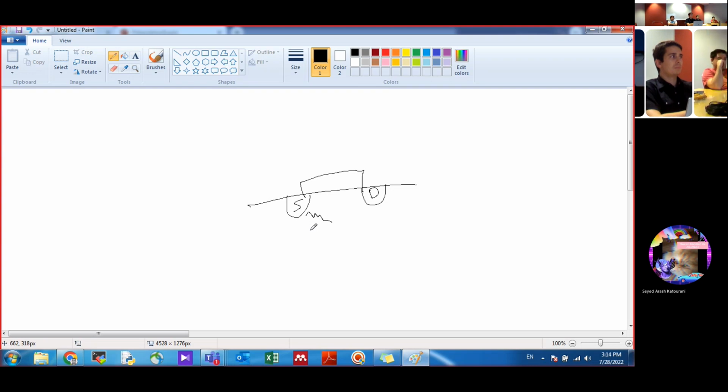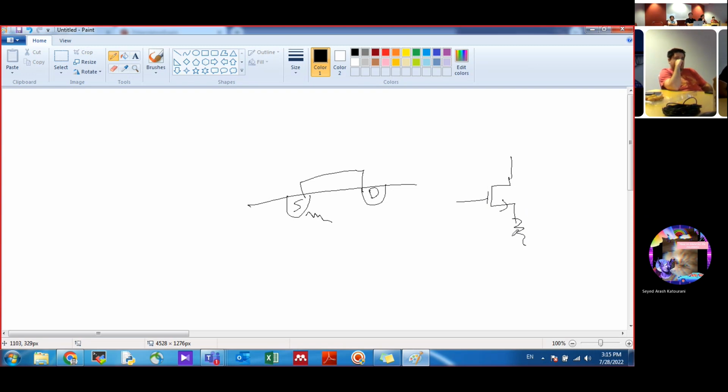Yeah, true. For example, if you design something like this, common source, having a resistor over here is not a good idea. But in some applications, it's not a problem.